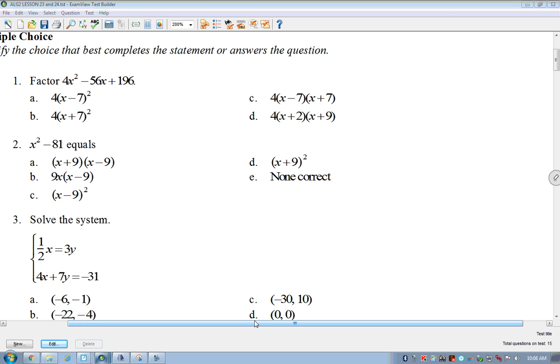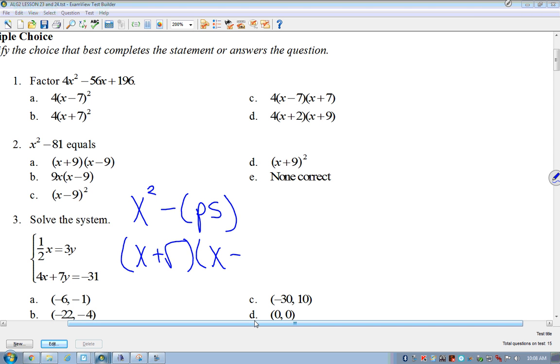All right, x squared minus 81. We saw an example of this. What I want you to understand is that anytime I've got an x squared minus a perfect square, is 81 a perfect square? My answer will always be x plus and x minus the square root of that perfect square.